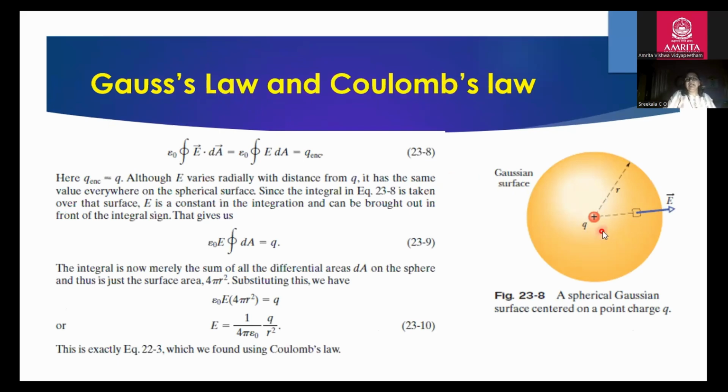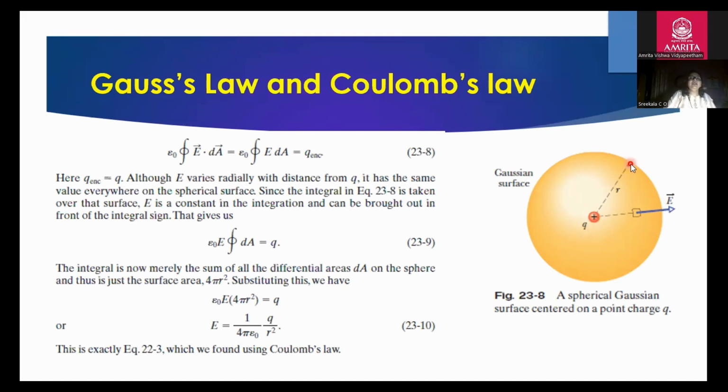For that, consider a charge plus Q. In order to find the electric field intensity at a point P at a distance r from this charge Q, consider a spherical Gaussian surface around the charge Q, with the point P on the surface of that Gaussian surface.